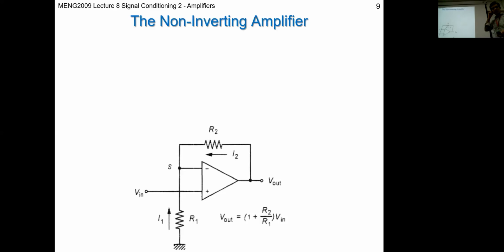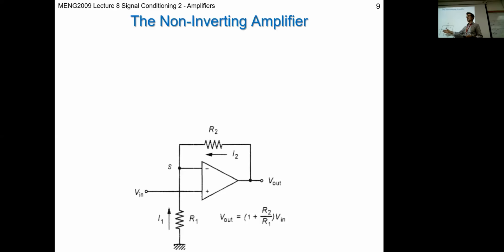So, do you want to try deriving the equations for this? No? You want to try it? You start with some very simple rules, right? The simple rules are that you stagnate your current here because no current can flow through this op amp. So you have to have a kind of a mean current here of 0.